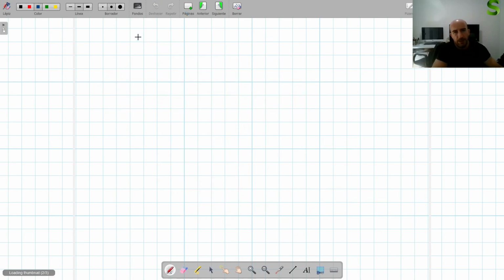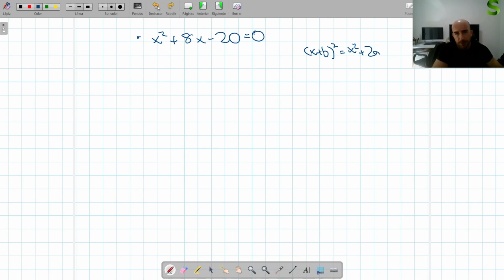Imagine we have x² + 8x - 20 = 0. Okay, so now let's follow the method I told you. Look at the sign. It's a plus, so it's the first perfect square. So the one we're looking for is (x + b)², which is x² + 2bx + b².